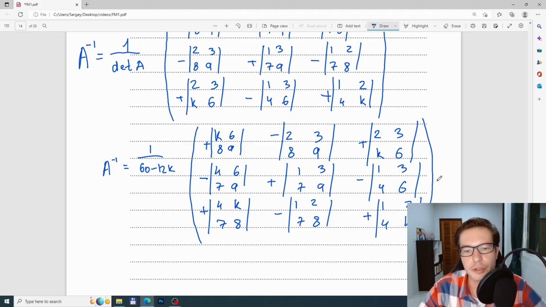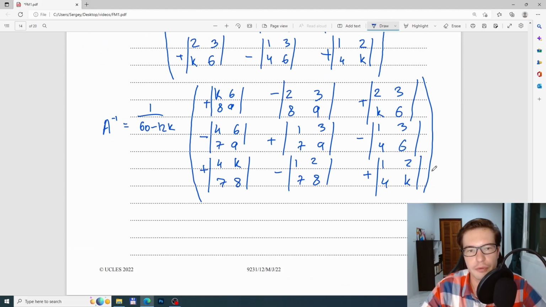Okay, now we're looking only for the elements of the first row. So I'm looking for the determinant of the first cofactor. It's 9k minus 48. And don't forget, we have to do multiplication by 1 over 60 minus 12k. So it's 60 minus 12k. I forgot k. 12k.